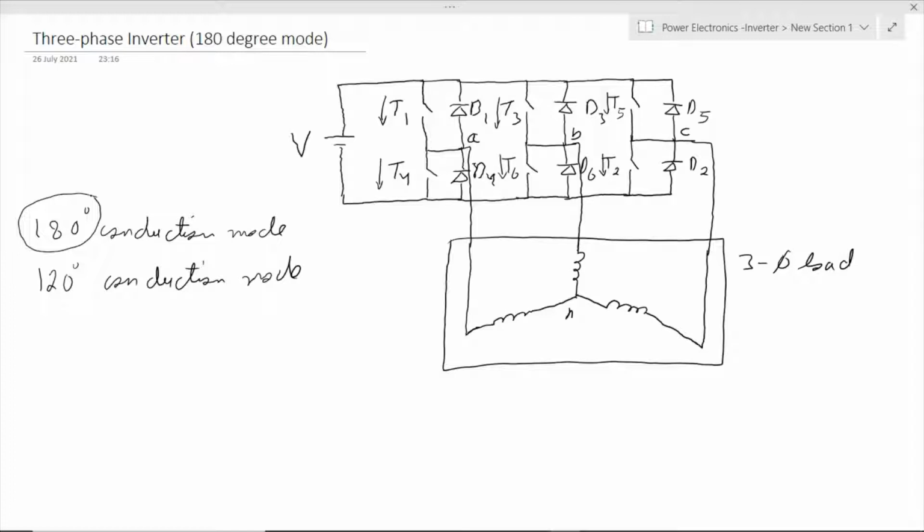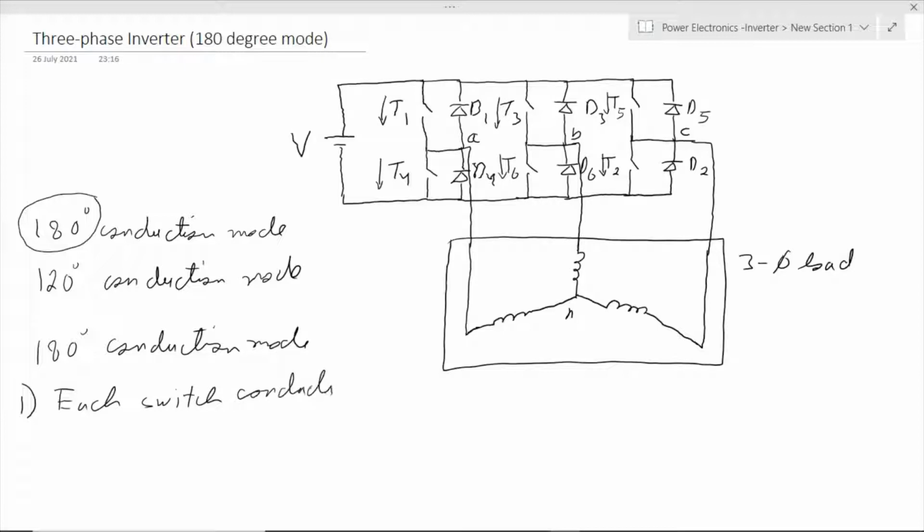So this is the first case. For 180 degree conduction mode, the first point is that each switch conducts for 180 degree.